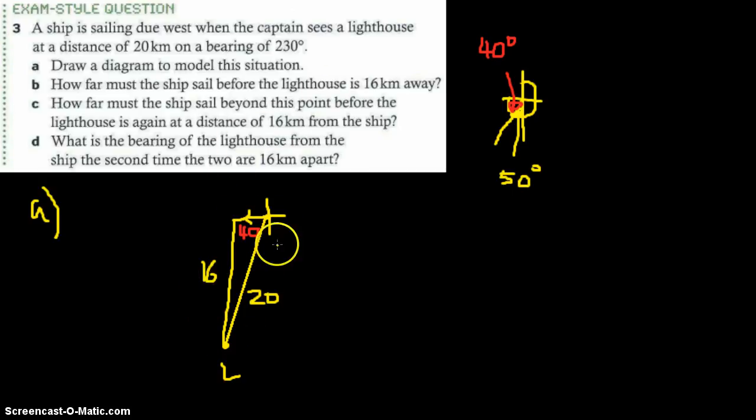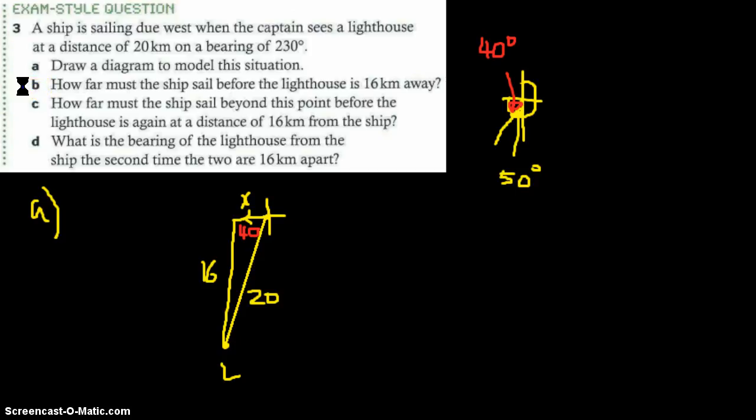So we have this triangle now, and they want us to find the distance from the initial place to the new position. That's actually part B that we have to find here. Right, this is part B.